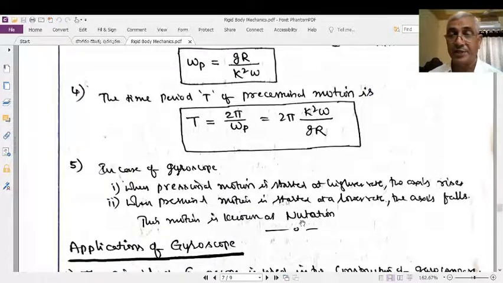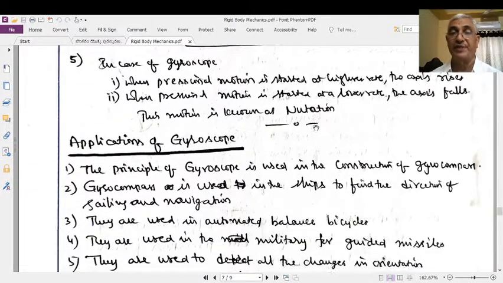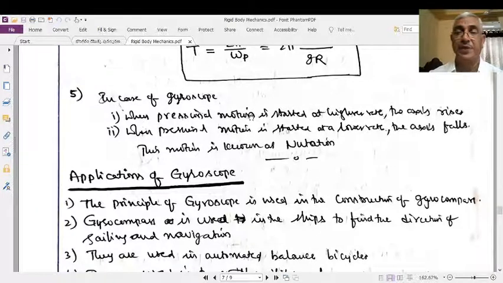This kind of motion is known as nutation. Rises and falls means this is an oscillatory motion, and this kind of oscillatory motion in this device is known as nutation. For your understanding, again I am telling that in a gyroscope there are three types of motions. One is the spinning disc about its own axis, with some spin angular velocity.